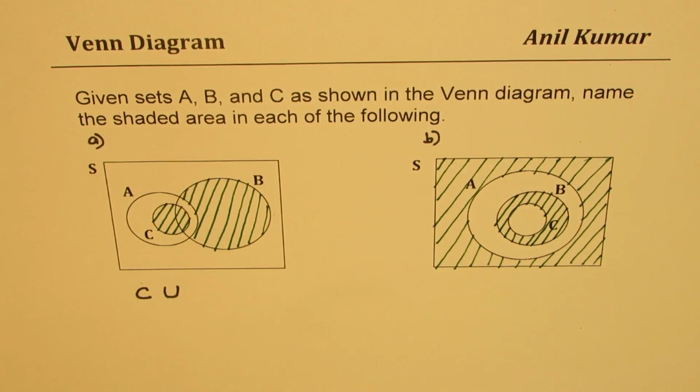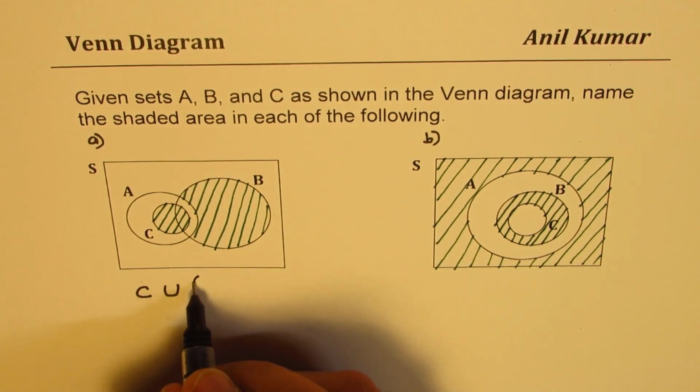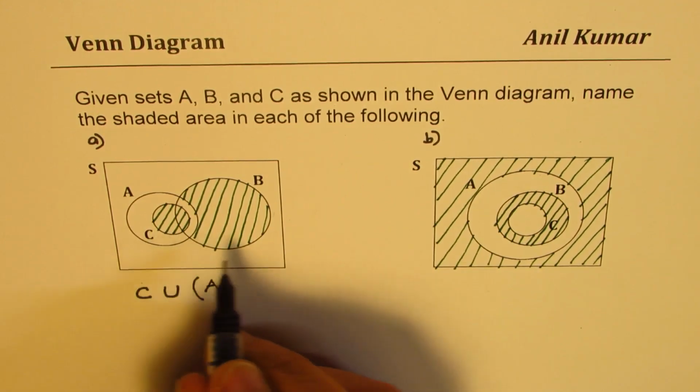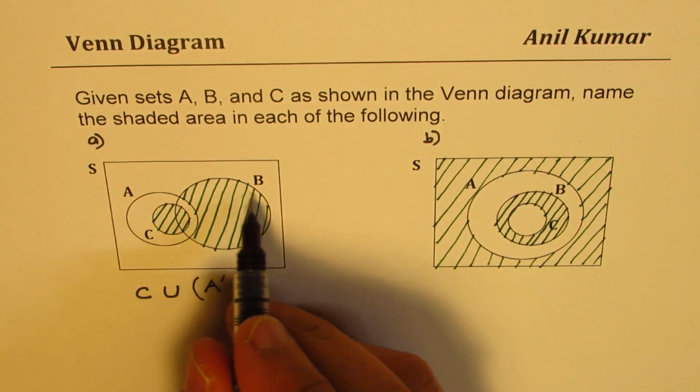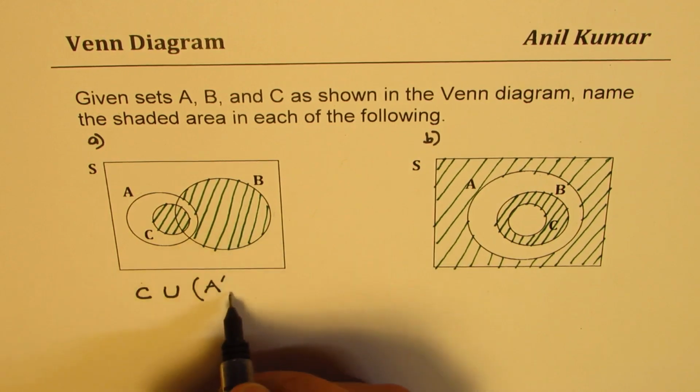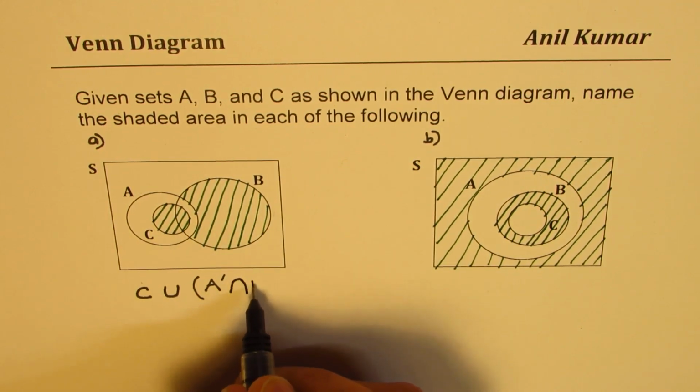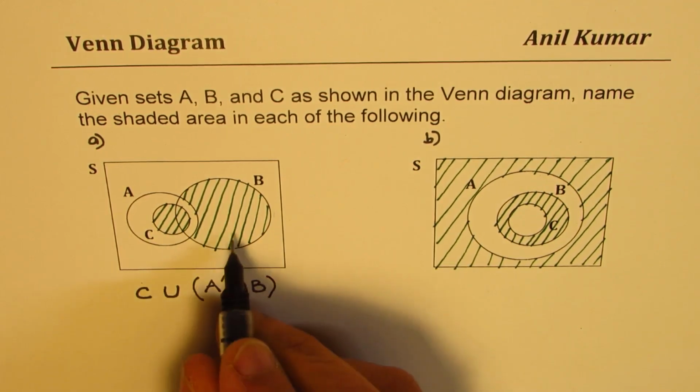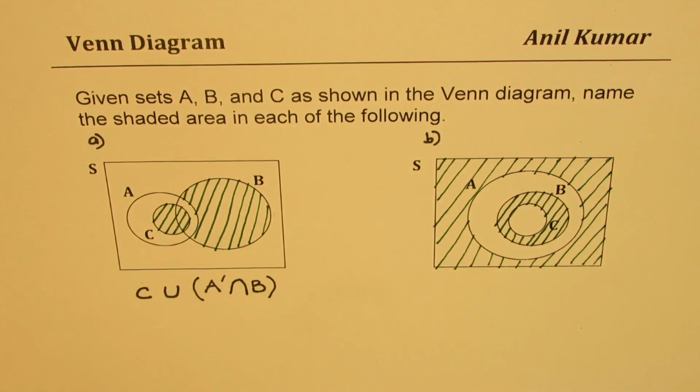So it is outside A and inside B. So I could write this as A complement, that means outside A, and intersection with set B. Does it make sense to you, right? So that is how you could name the shaded portion in the given Venn diagram A.